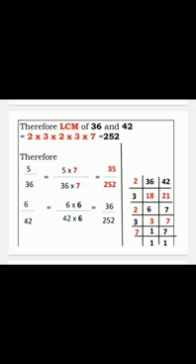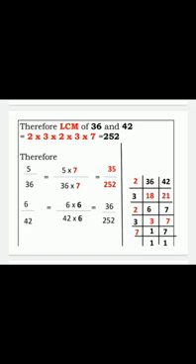So with 5 upon 36, 36 you are going to multiply with what number to get 252? You are going to multiply 7. Now this 7 also has to be multiplied with your numerator, that is 5. So 5 upon 36 is equal to 5 into 7 upon 36 into 7, which is equal to 35 upon 252.